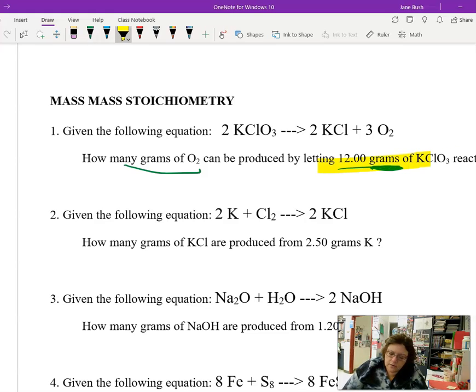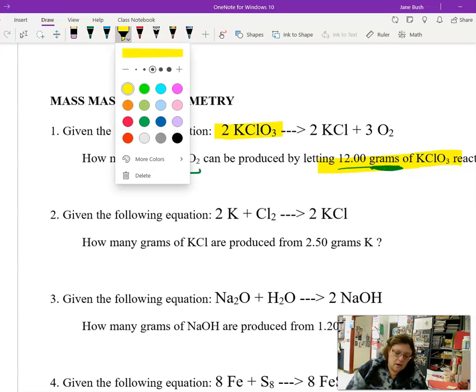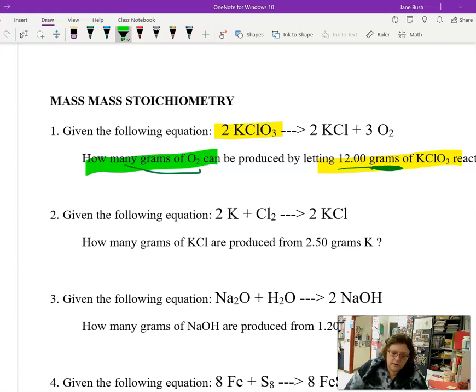Our known amount is 12 grams this time of potassium chlorate. We're solving for grams of oxygen. So we're going to start out with 12 grams of KClO3, potassium chlorate. We have to get on the bridge, so we have to change to moles.